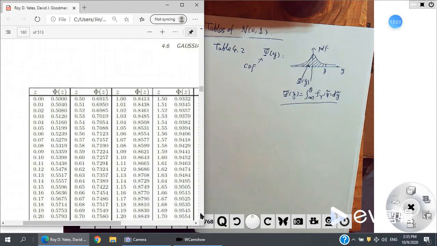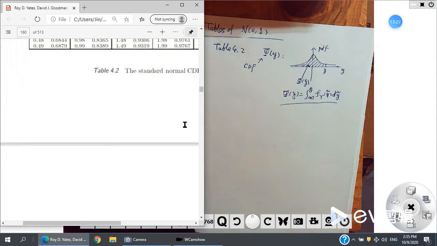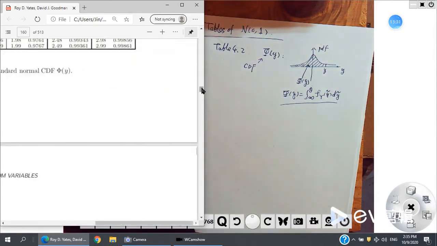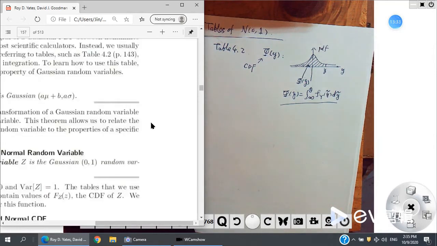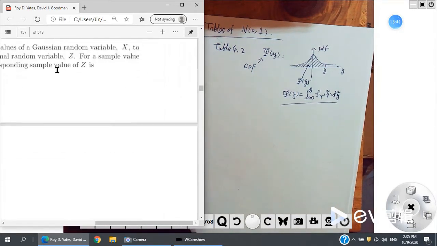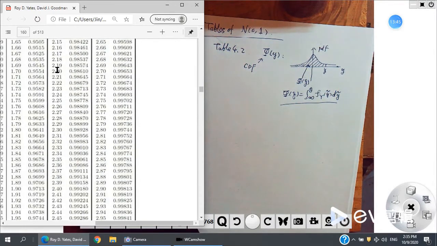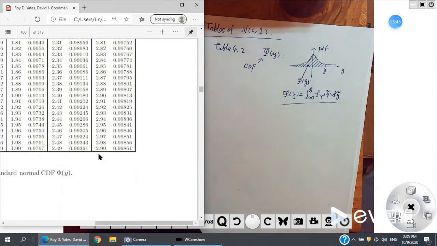And the largest z will be here. Let me see. The largest value is not exactly 3.